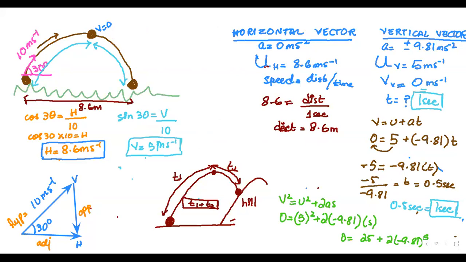And I rearrange my equation. So this will become s equals minus 25 divided by 2 times minus 9.81, which gives us a distance of 1.27. So the vertical height covered by the ball is 1.27.